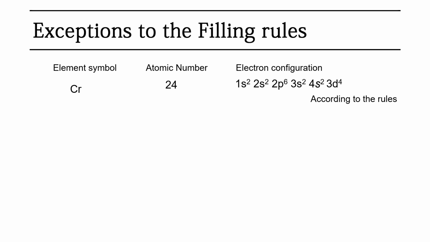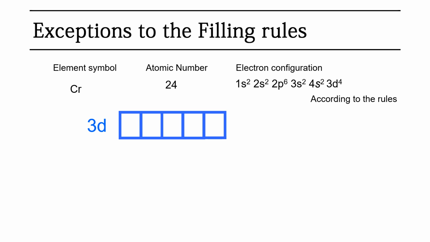When you write down the electronic configuration, it should be like this on the screen according to the filling rule. However, the correct configuration of chromium is not this one. Let's consider this due to the reason of half-filled orbitals.